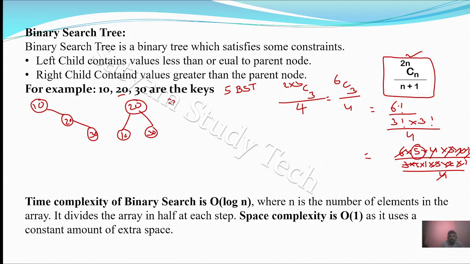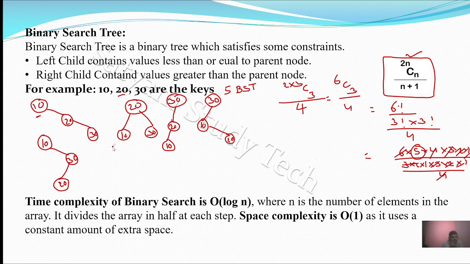Also I consider 30 as the root, with 20 below it, and to the left of that 10. Also with root 30, here it is 10 and here 20. Like that, with root 10, here 30 and 20. So these are the 5 trees possible.